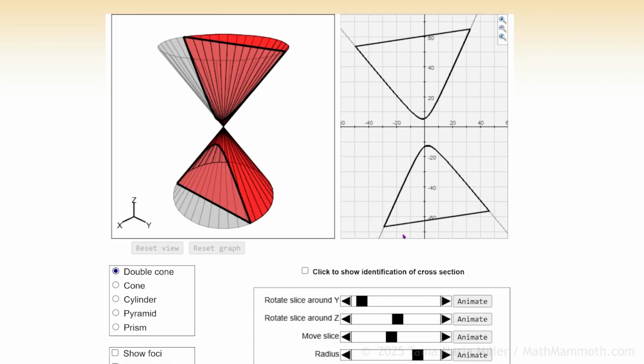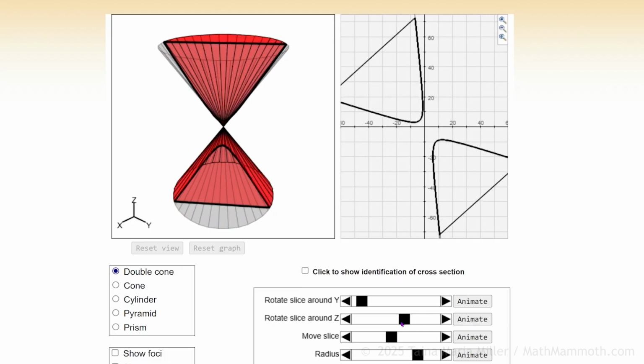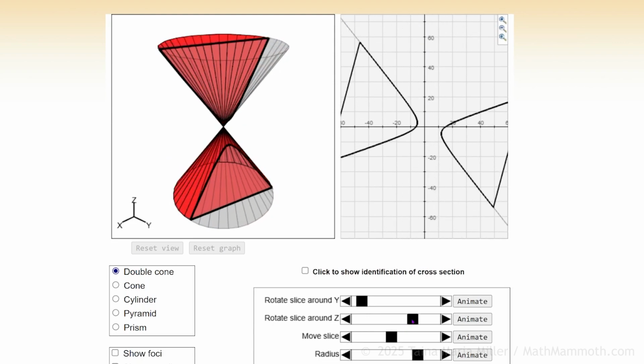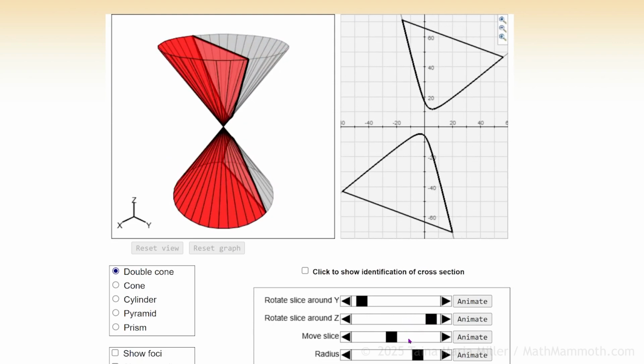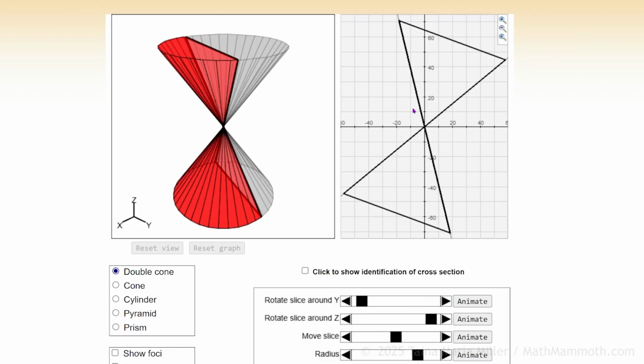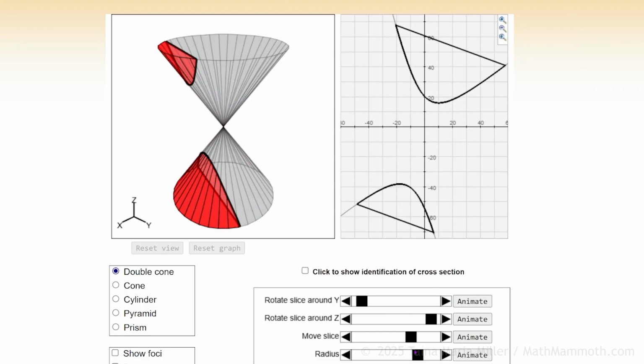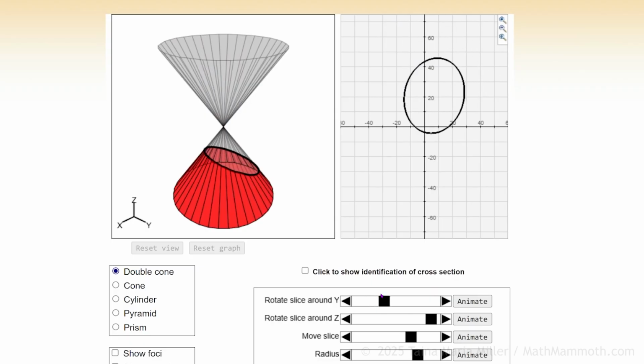This graph here actually is called a hyperbola. Here's a point where we get two triangles. But we can also just get the circle, like with the cone.